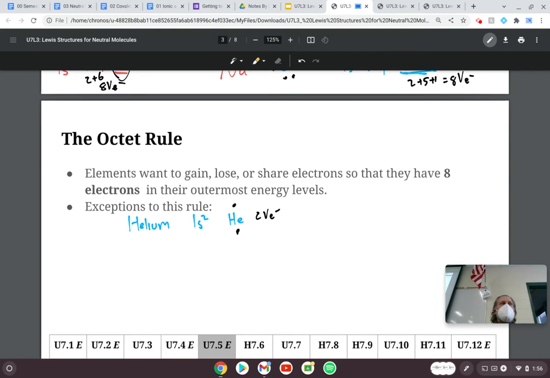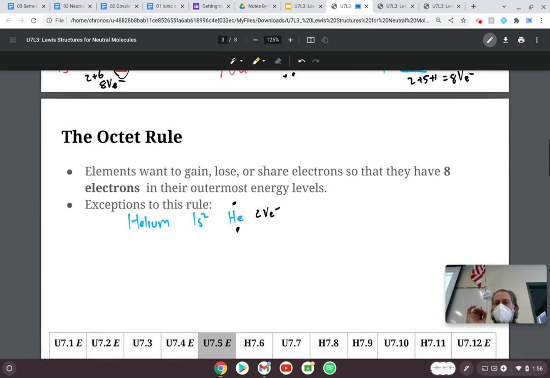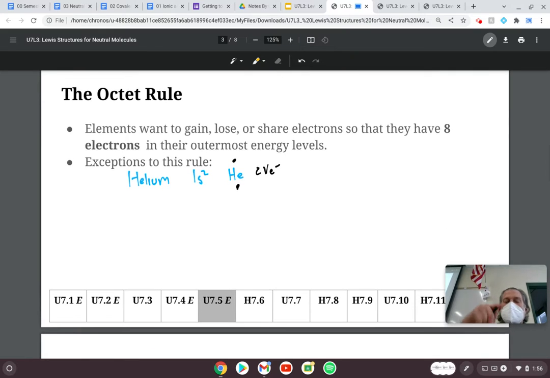Helium doesn't want 8 valence electrons. Helium wants 2 valence electrons. That's the rule. The reason why that's the case is the 1s2 is a full sublevel. It's a full energy level. We can't add any more to it. So we're not going to spend a lot of time talking about helium because we're never going to really bond with any helium, but that does allow us to have a conversation about hydrogen.